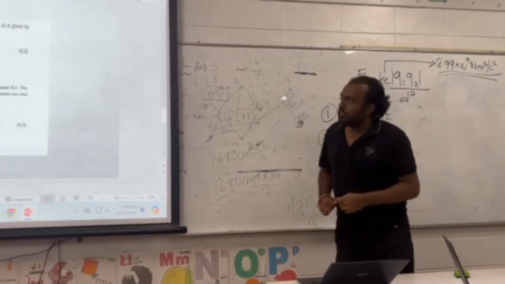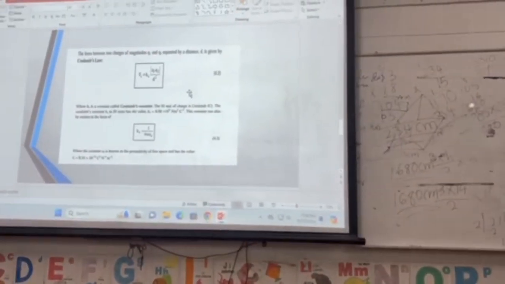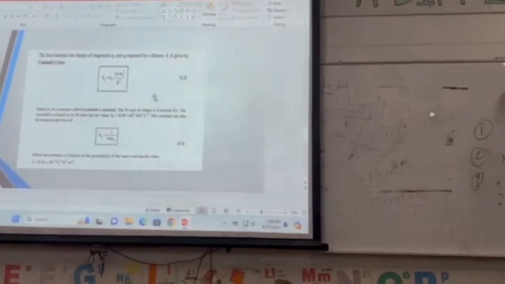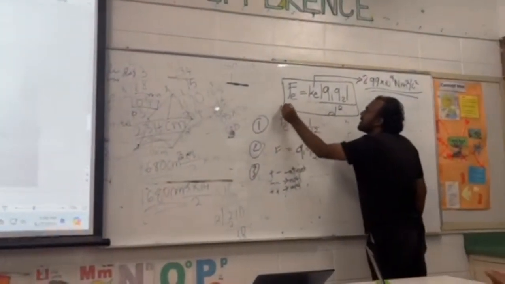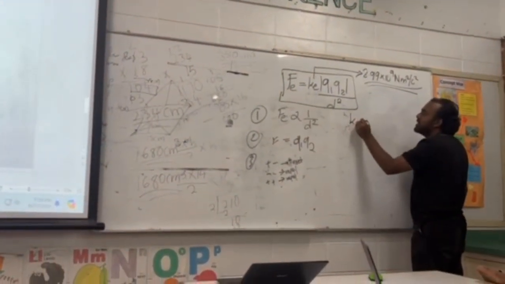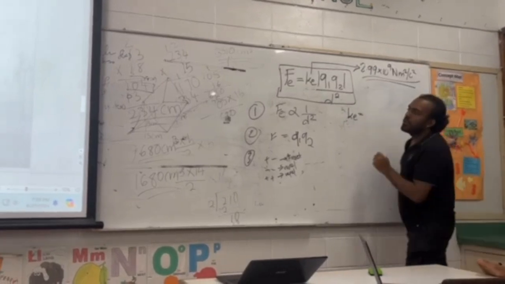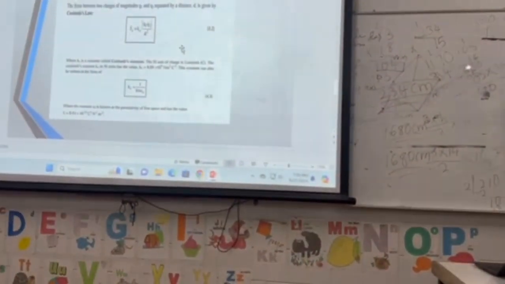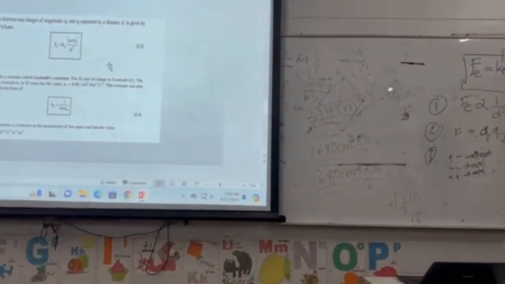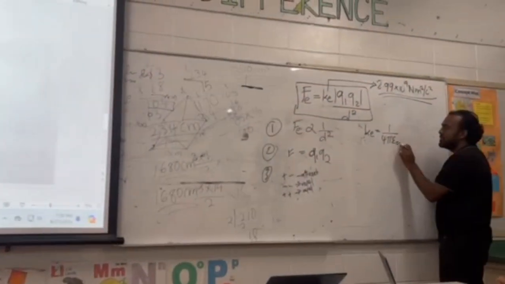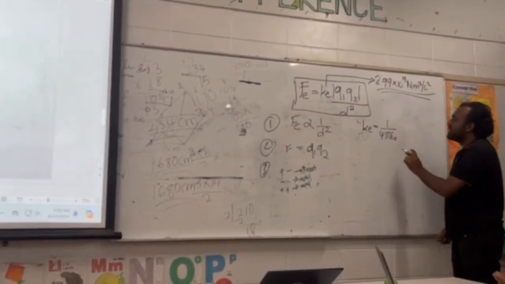There is also a formula given there, formula 1: Ke equals 1 over 4 pi epsilon naught.